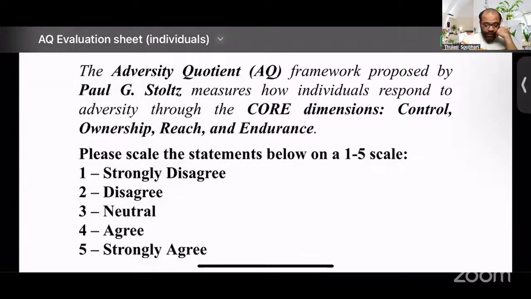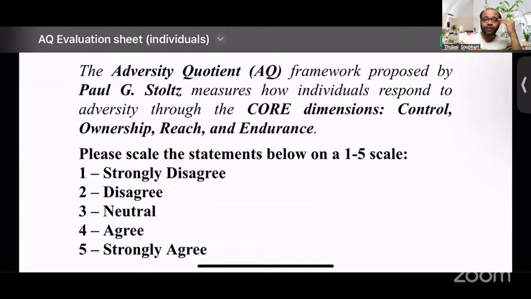That's what we mean. And the last one is endurance. Endurance is the belief about how long adversity will last. So it is your thought process, thinking pattern. All together, the four dimensions of CORE are measured.